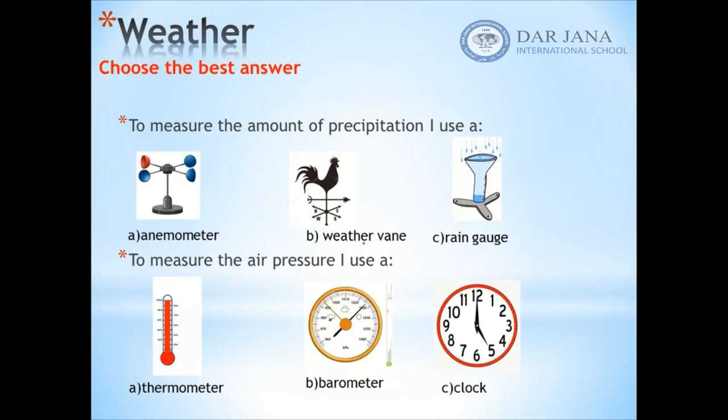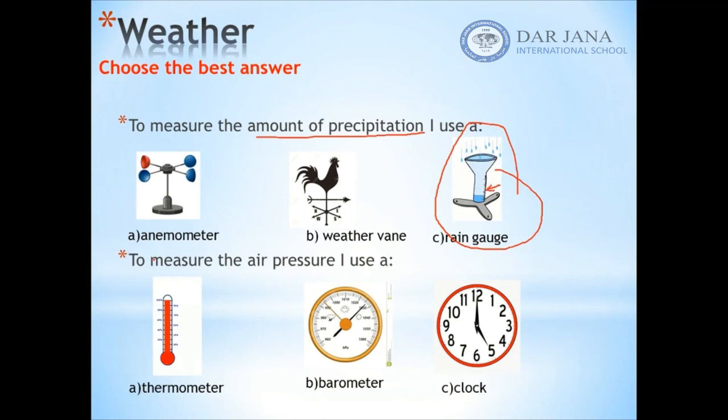Or do we use the weather vane that we saw in the previous slide that shows the direction of wind? Or do we use the rain gauge that is like a cup by which the rain will be collected inside? So the amount of precipitation, like the rain, snow, sleet, and hail, needs to go inside this cup, which we call the rain gauge, and I will have a number over here and I will get the exact measurement.